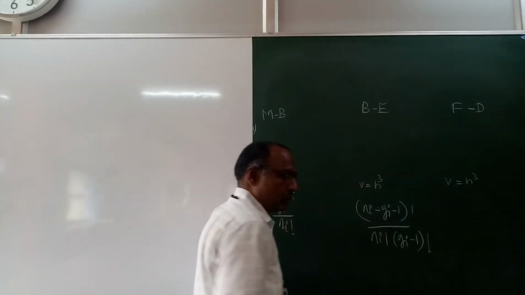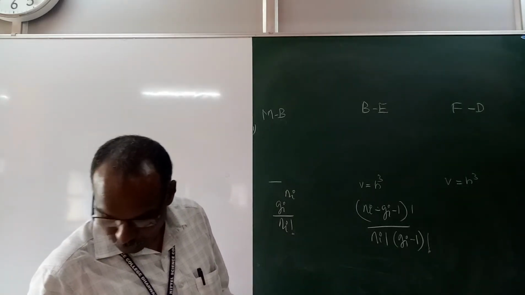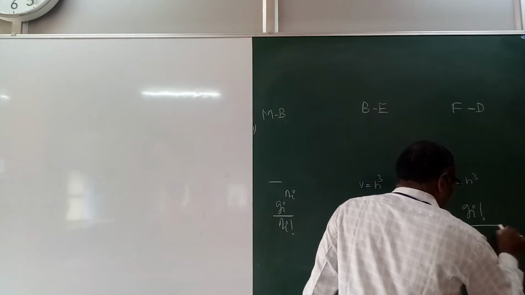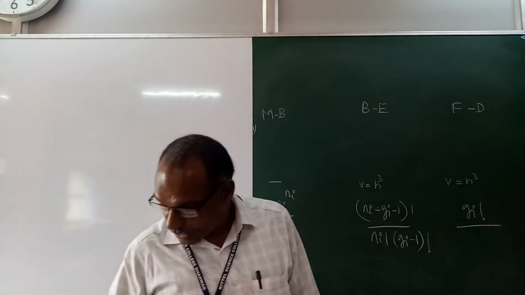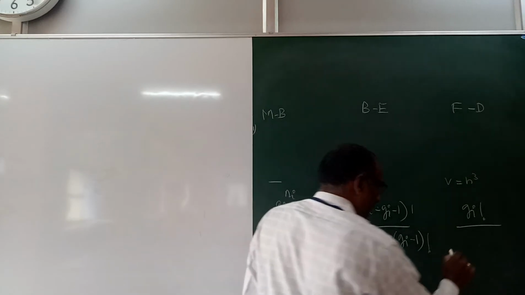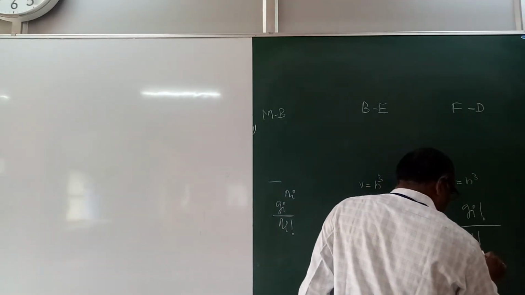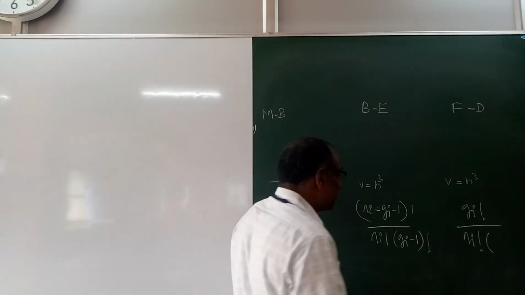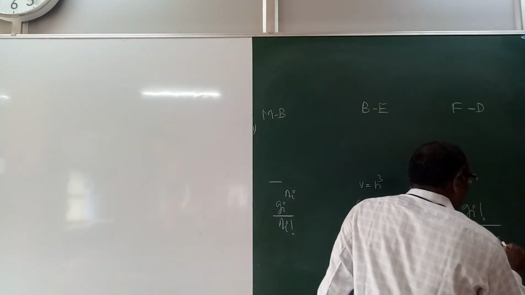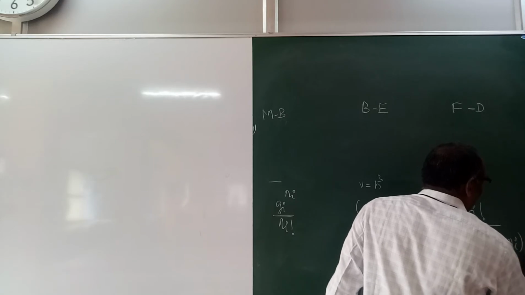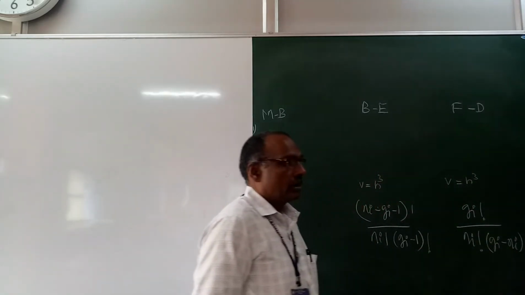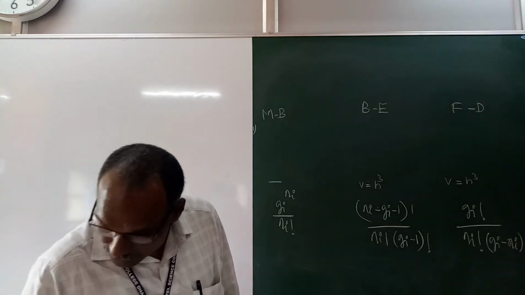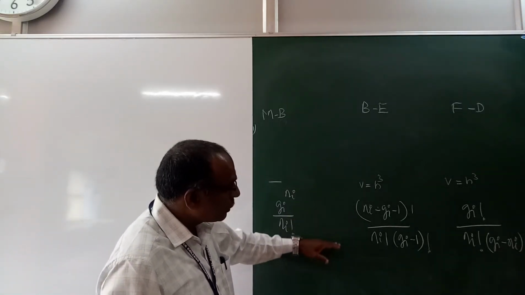You can calculate using this. Similarly for this, it is Gi factorial divided by Ni factorial times Gi minus Ni factorial. So the energy distribution function you can write here. These are some comparisons.